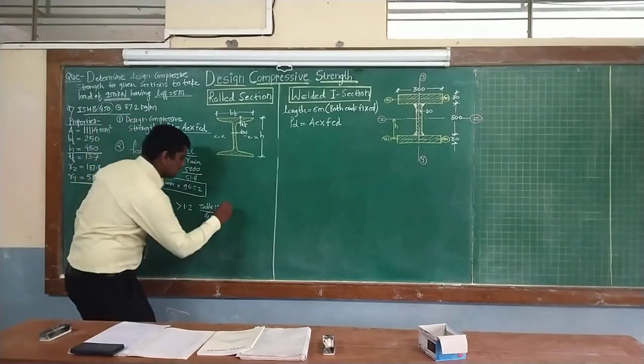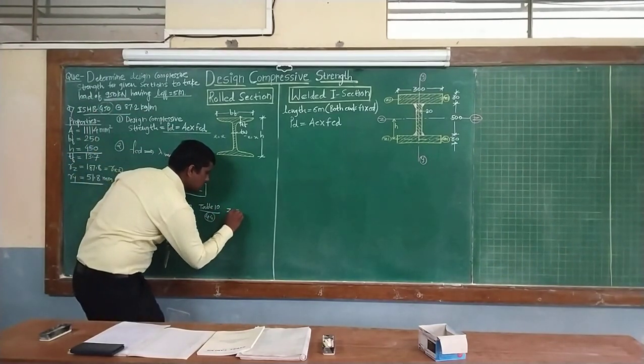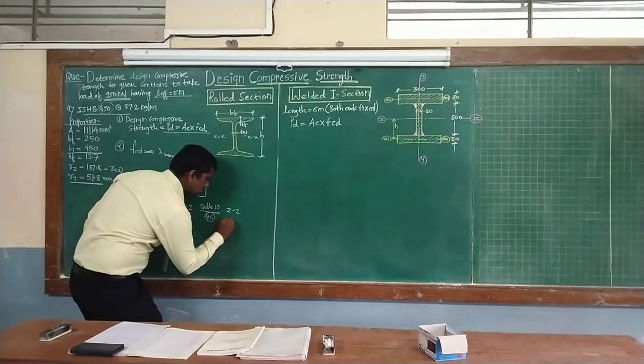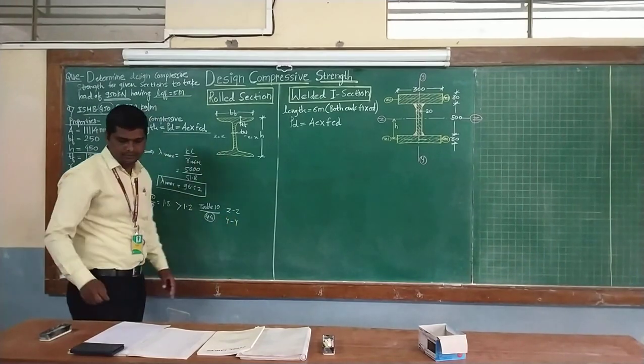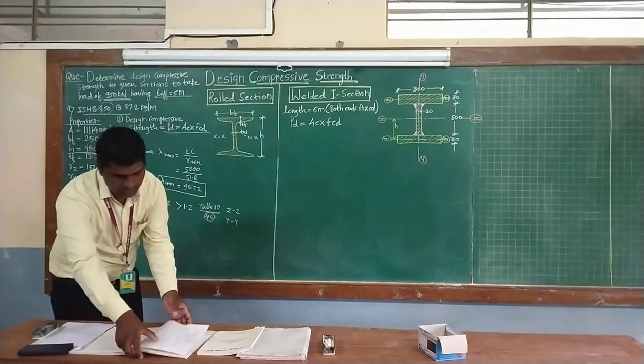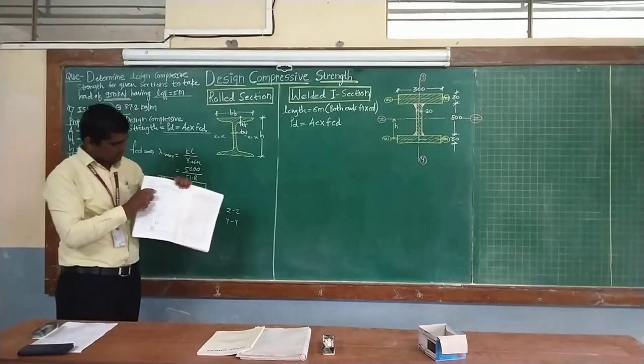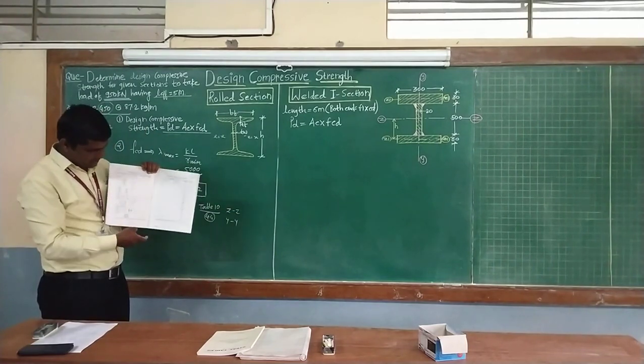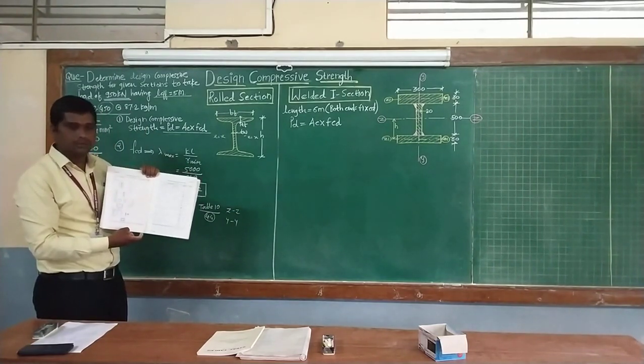Here two axes are given, that is Z axis and Y axis. This is table number 10, page number 44, IS 800 2007.